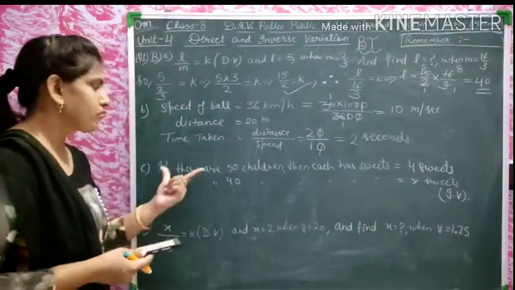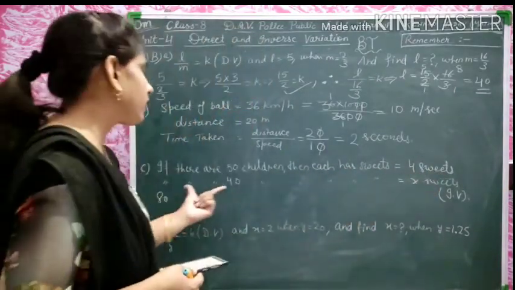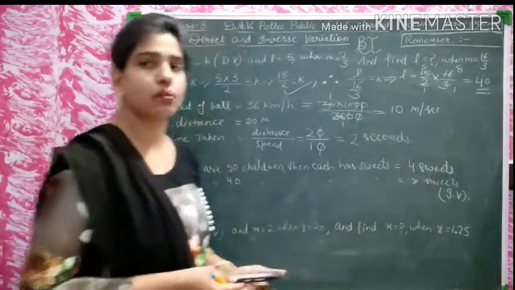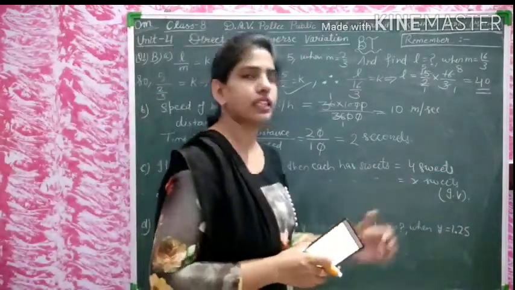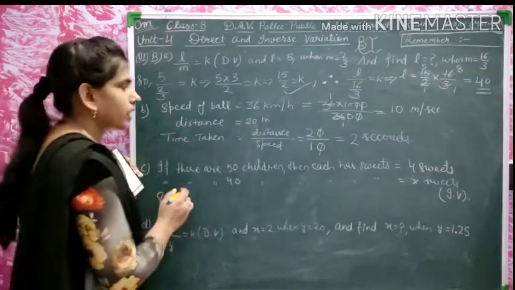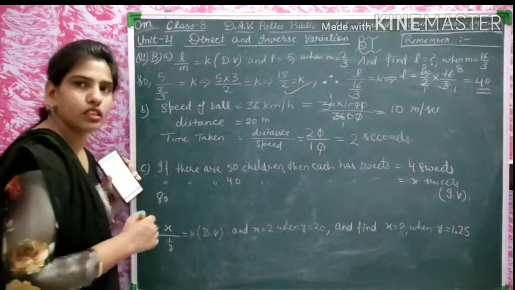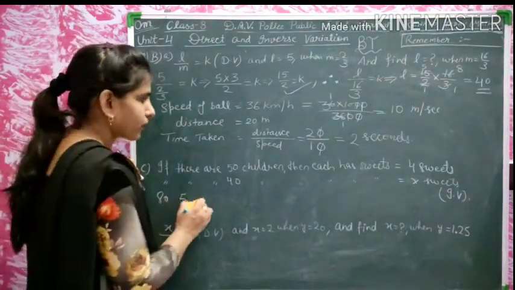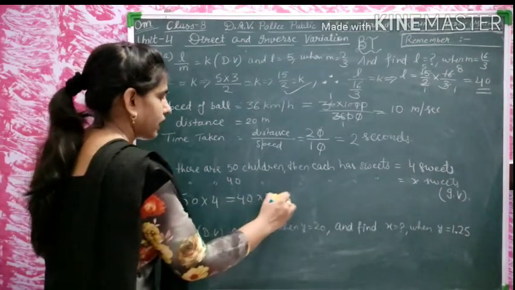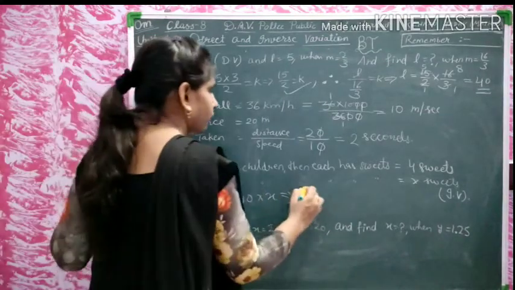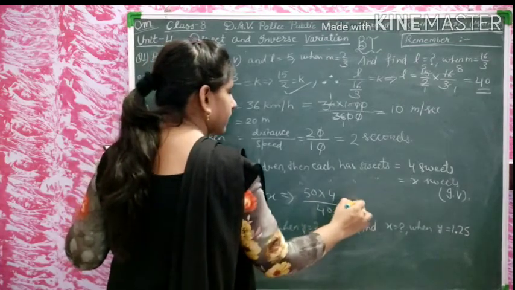Let's see. If there are 50 children, then each has 4 sweets. If there are 40 children, then each has how many sweets? Let's suppose excess sweets. So we see that this is inverse variation. For inverse variation, the product of the two quantities is constant. So 50 into 4 is equal to 40 into x. It becomes 50 into 4 divided by 40, and this gives the x value.